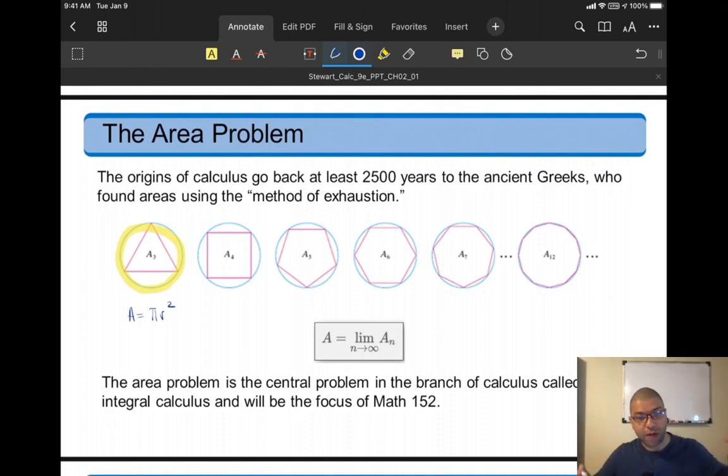But how do you think that the ancient Greeks came up with this formula, or even if they did know, right? How did they even find pi and where did it come from at all, right? So the idea that they had is what they call the method of exhaustion. The method of exhaustion is a way to calculate areas by just dividing whatever shape that you have into triangles.